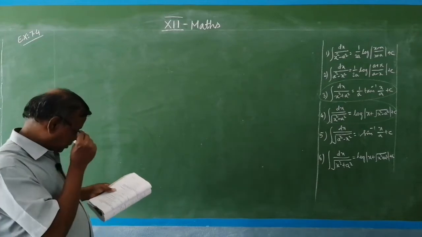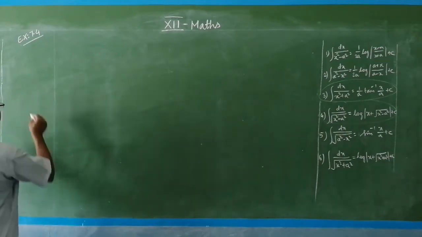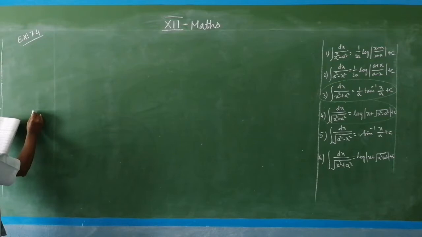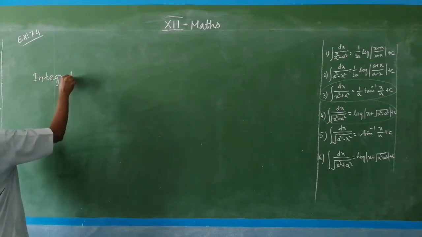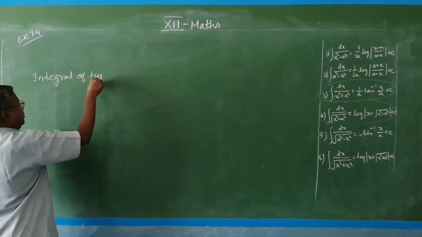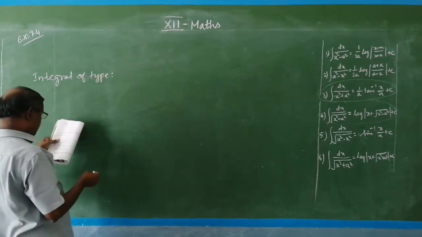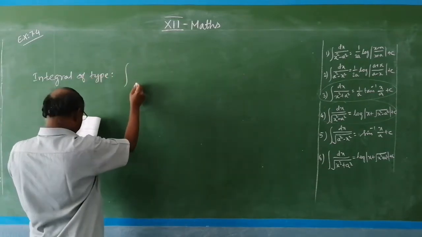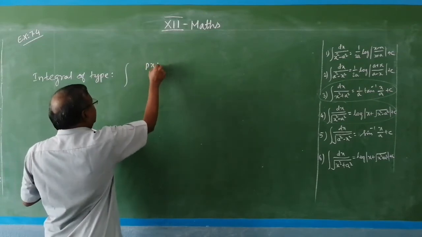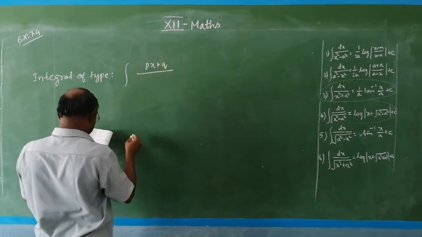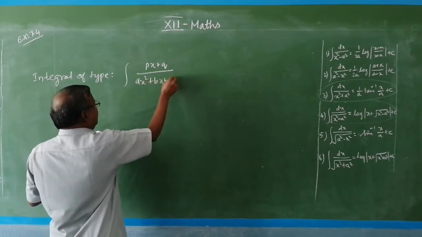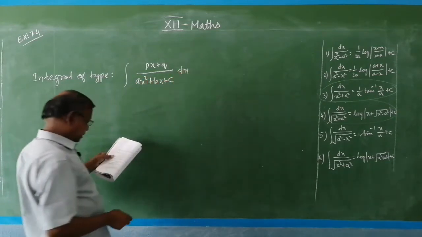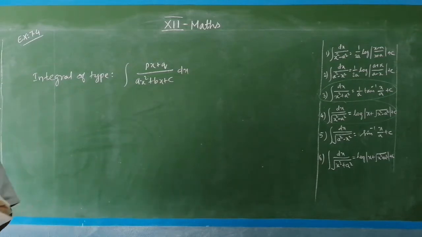There is the ninth subdivision, ninth result, integral of type integral px plus q divided by ax square plus bx plus c into dx.